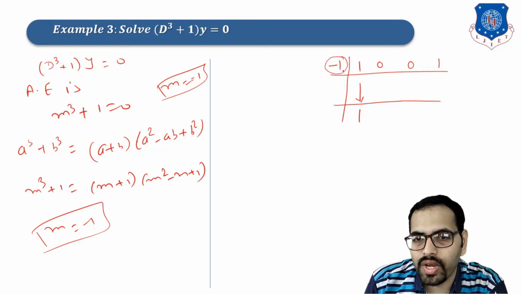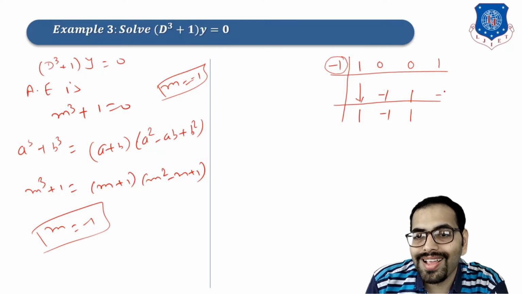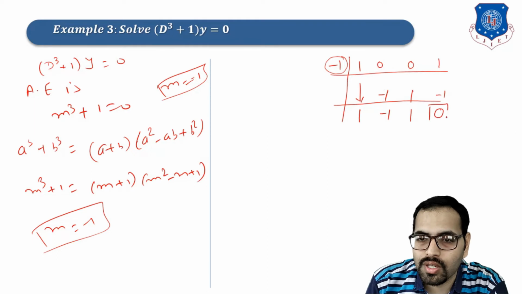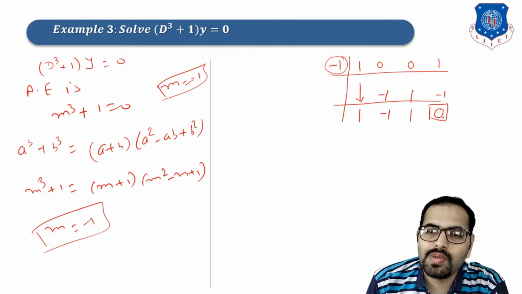Minus 1 into 1 is minus 1, and 0 plus minus 1 is minus 1. Minus 1 into minus 1 is 1, and 0 plus 1 is 1. Minus 1 into 1 is minus 1, and the last element is 0. In each and every example, whenever we apply the remainder theorem, the last element must be 0.